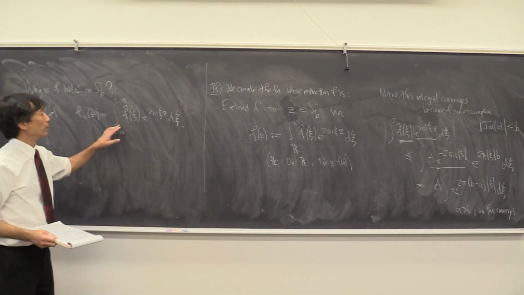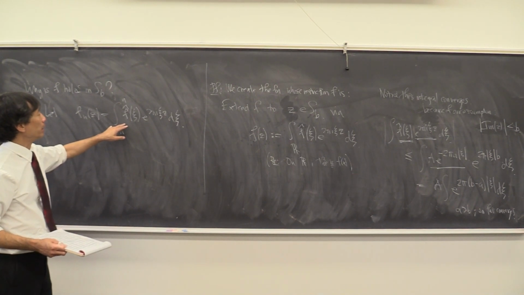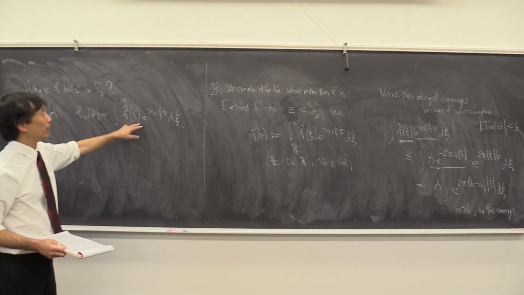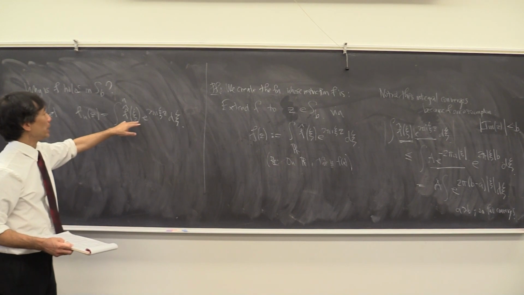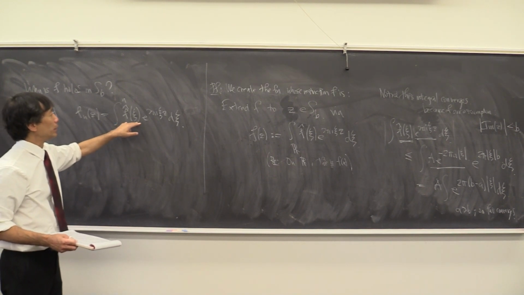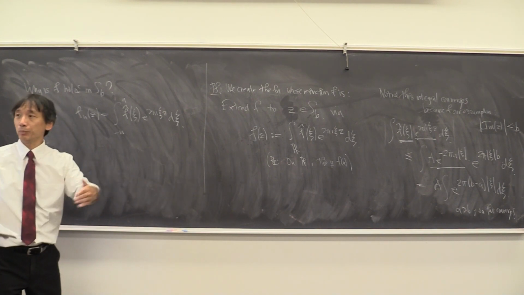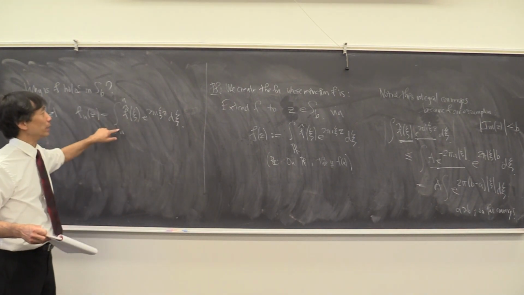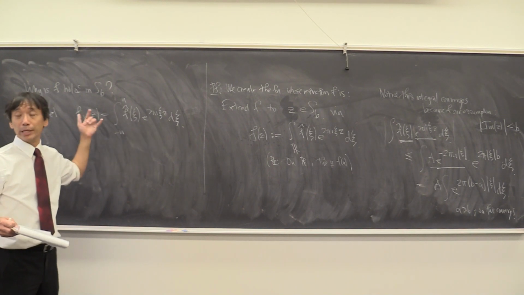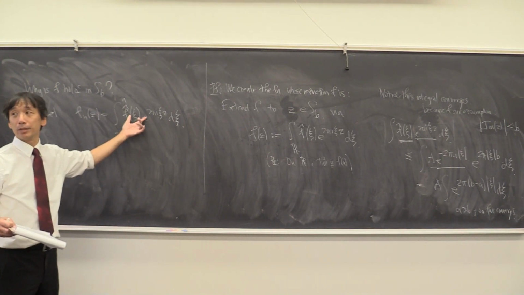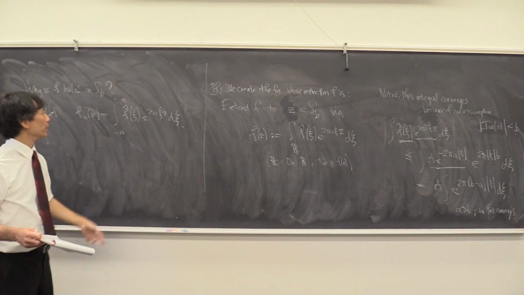In some sense, what we're doing is taking the function's Fourier transform, chopping off its frequencies outside this range, and then inverting that back. Okay, that's what's going on here.